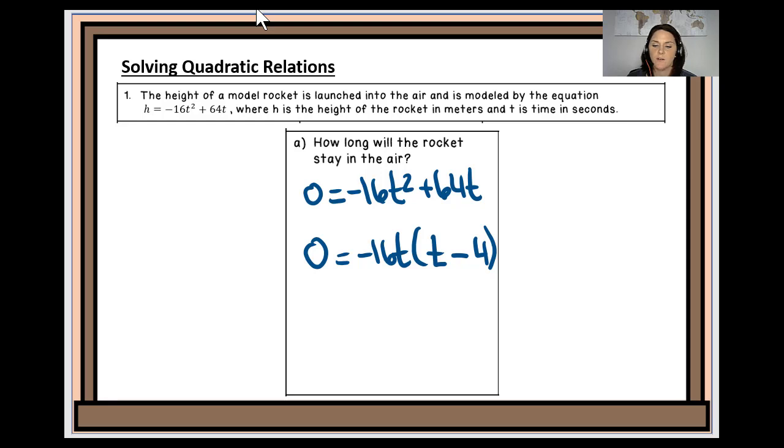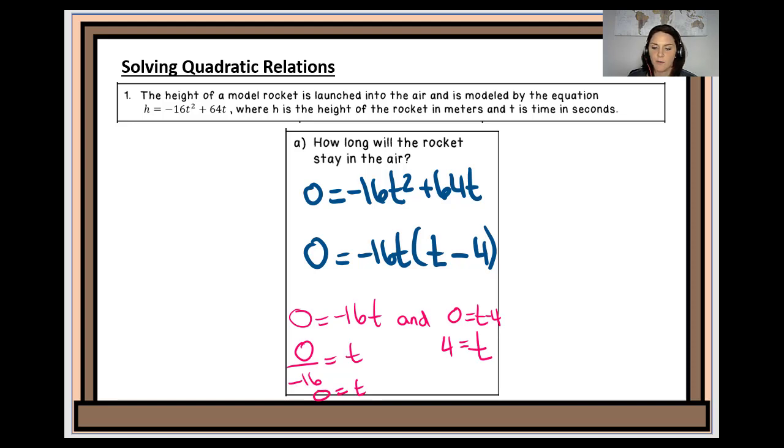When we factor out negative 16t, inside the brackets we're left with t subtract 4. Now we can set each of those factors equal to 0 and solve for t. So we have t is equal to 0 and t is equal to 4.